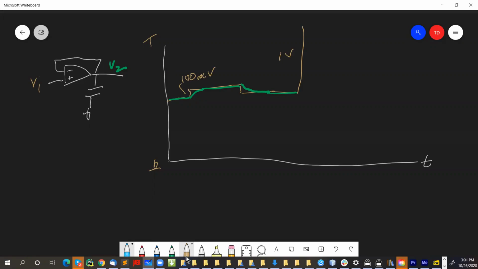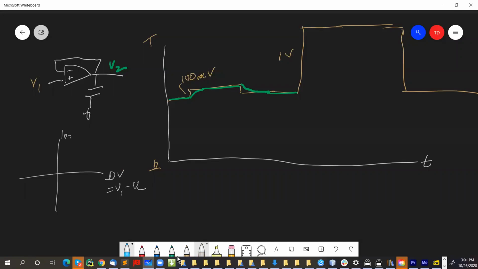Now let's make a 1 volt step. What's going to happen here? Is it clear? So again, if this is delta V on the input equals V1 minus V2, and this is I out on this axis.